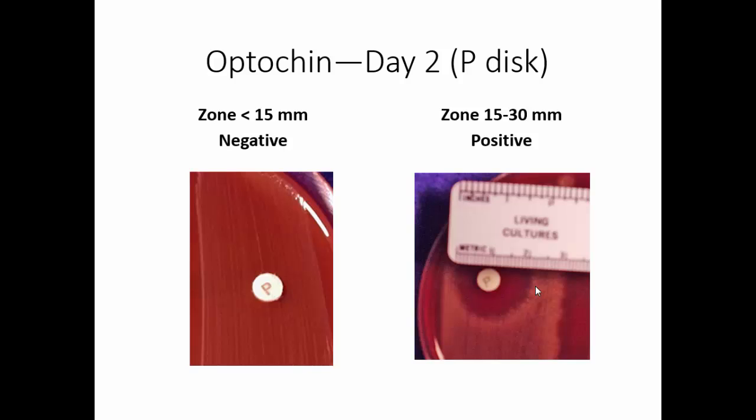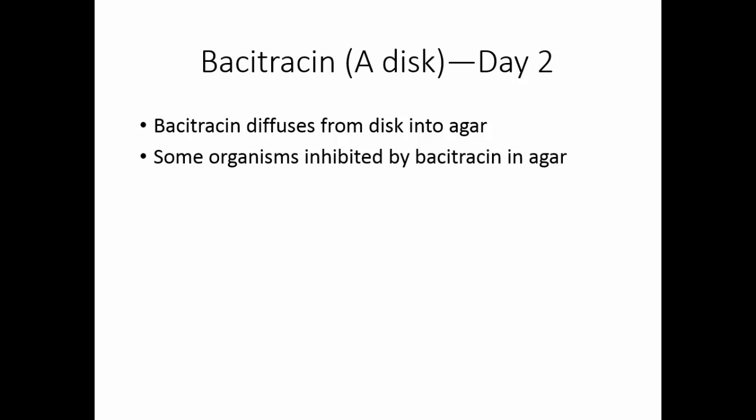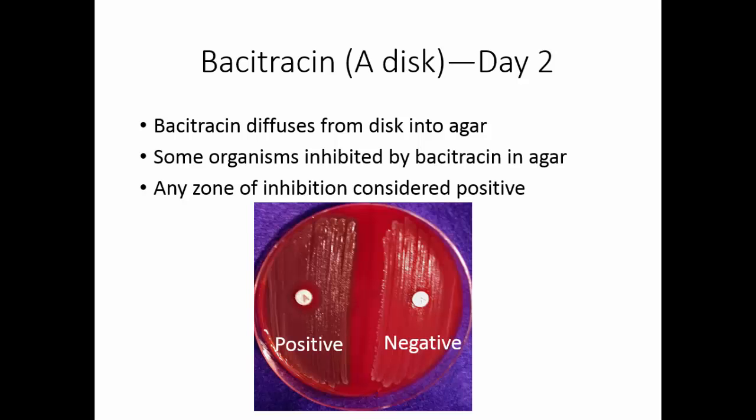The novobiocin susceptibility test was reported as sensitive or resistant. The Bacitracin test is also a disc diffusion technique. Bacitracin, which is an antibiotic, diffuses from the disc into the agar. Some organisms are inhibited by bacitracin in the agar and will not grow. In this case, any zone of inhibition is considered positive.